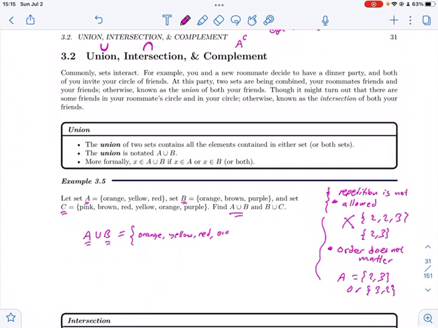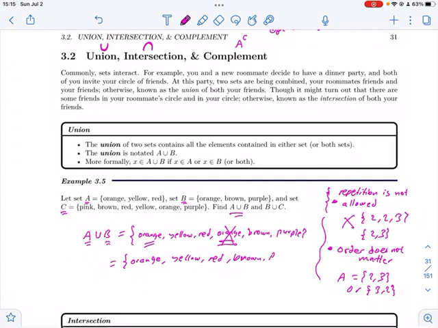So we just cancel one of them and we write it this way: orange, yellow, red, brown, and purple. Okay. Now let's find B union C.